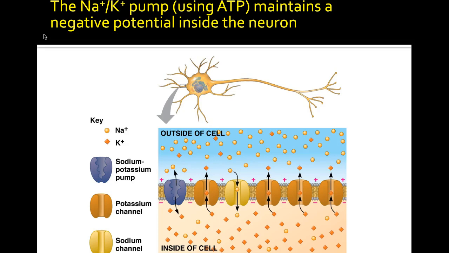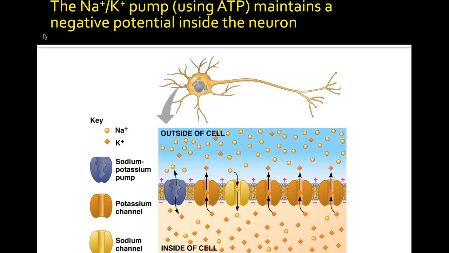Now, if we just had those ion channels working, over time there would be equal charges on the inside and the outside of the cell, which isn't good for voltage, isn't good for there being a charge difference. So the negative membrane potential is maintained thanks to the sodium-potassium pump.